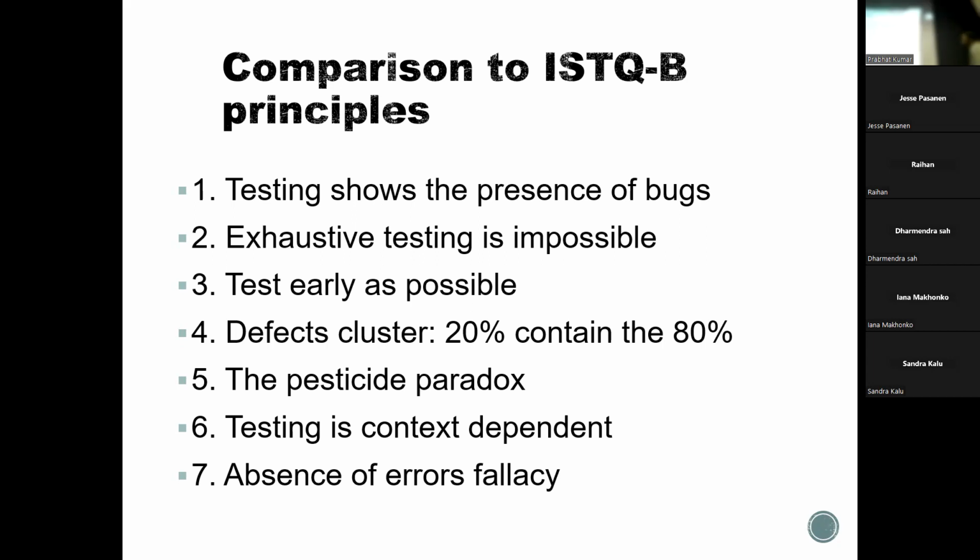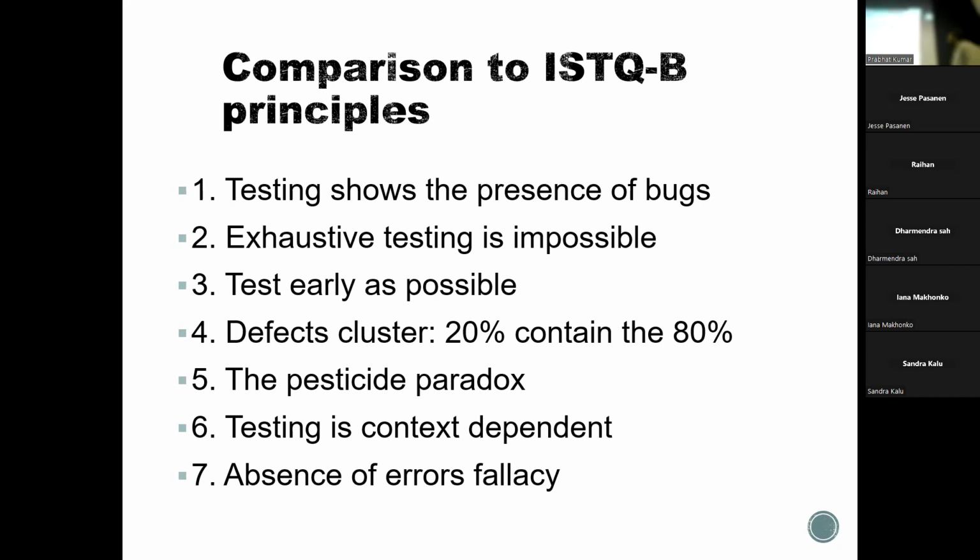The pesticide paradox: don't use the same test suites. The pesticide paradox here means don't use the same test suite to evaluate the whole code. You need to make some changes along with the changes in the software. It is not possible that the same test suite is going to capture all the bugs.